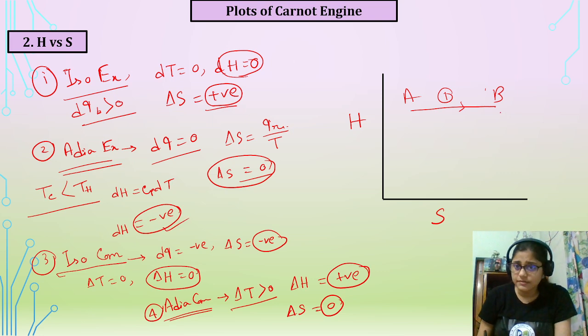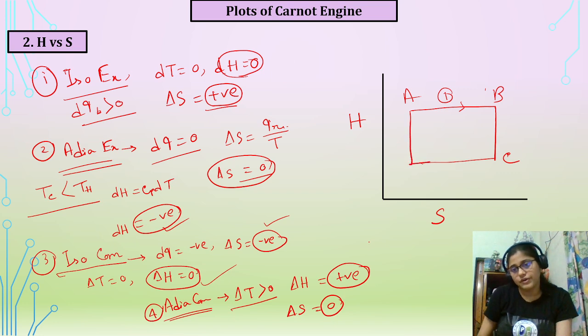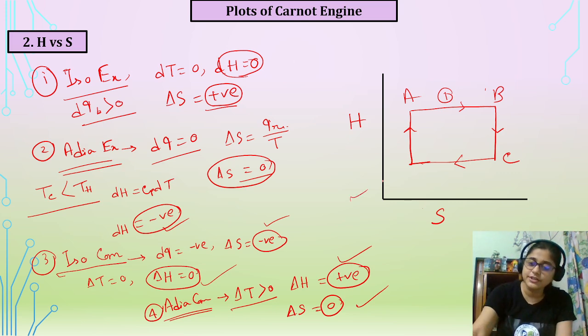It is negative. Simple, it will be like this. See? And third thing, delta S is negative, it will be decreased, and delta H is 0. So it will be like this way and parallel to x-axis, and the last step also will be parallel to y-axis, because the delta H is now positive, it is increasing this way, and delta S is 0. So this will be the H-S diagram. Fine, you have understood this.